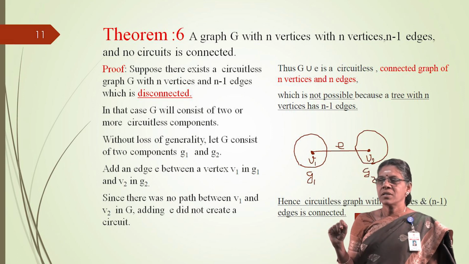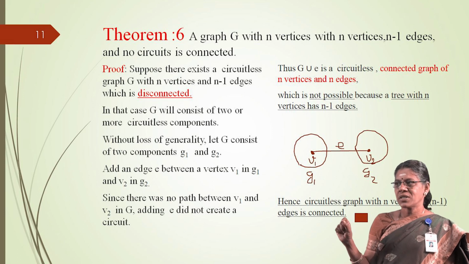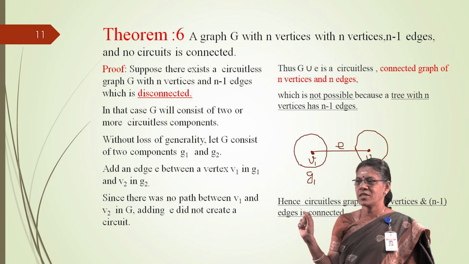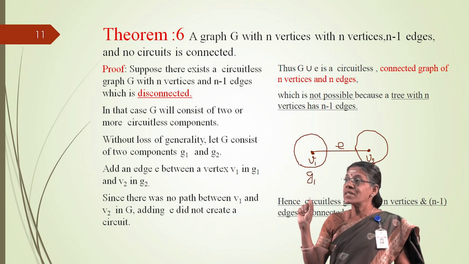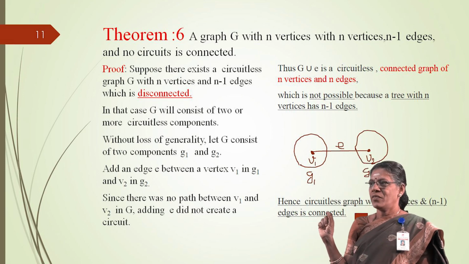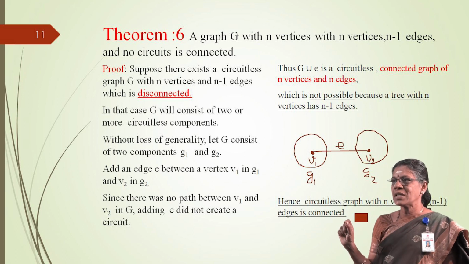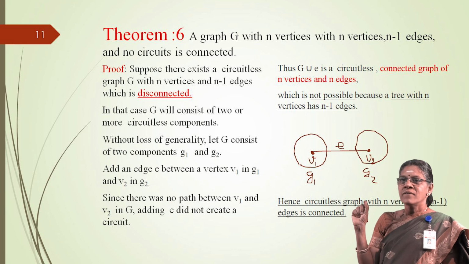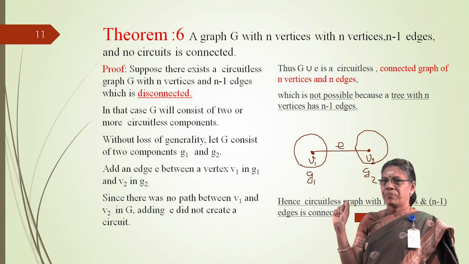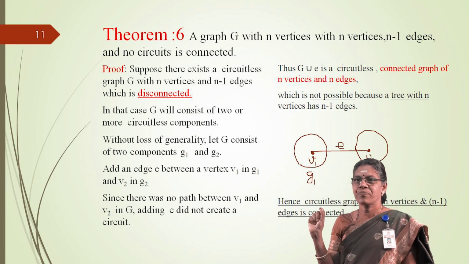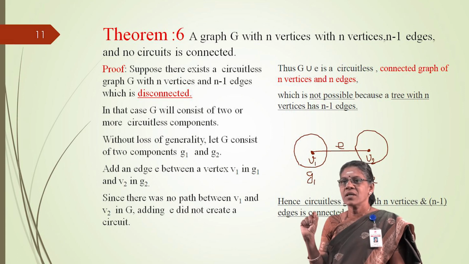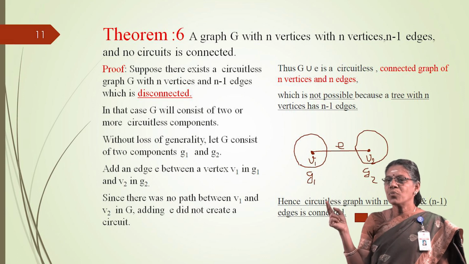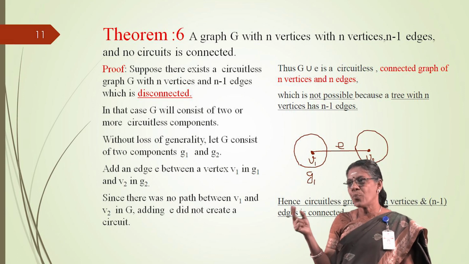Suppose that there exists a circuitless graph G with n vertices and n minus 1 edges which is disconnected. In that case, G will consist of two or more circuitless components.